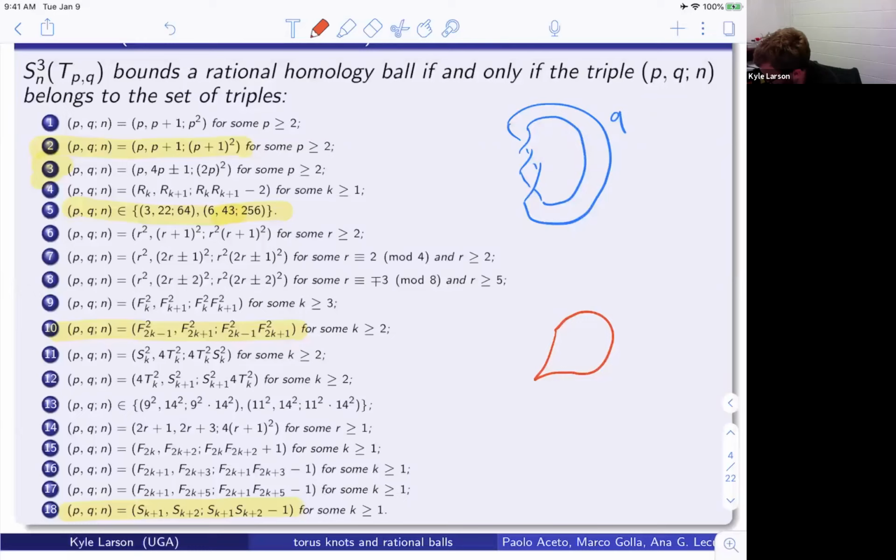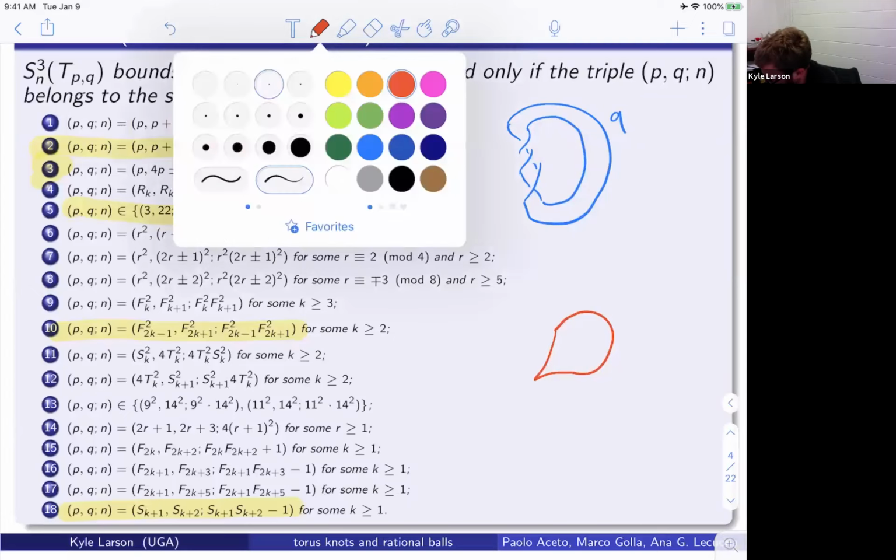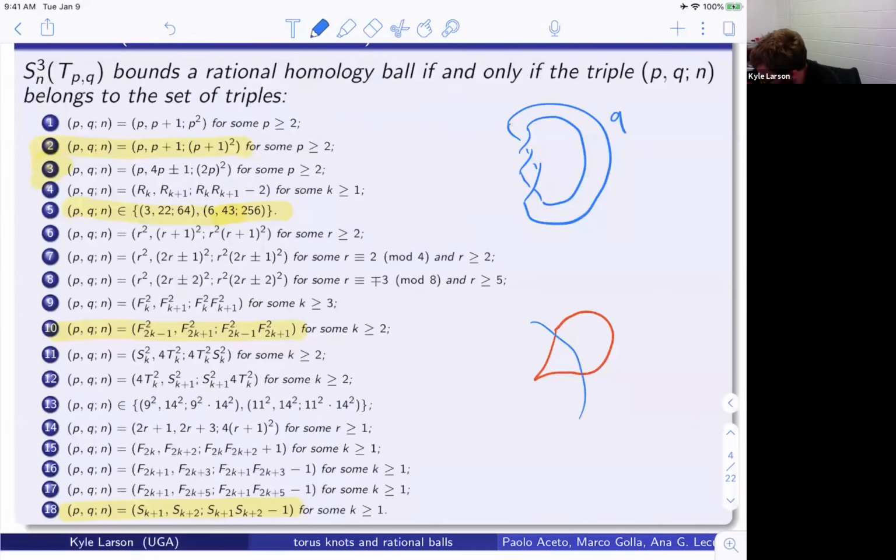I was in Budapest for a couple of years, so I should be able to draw this picture, but I'll probably fail. So anyway, this is your rational curve in CP2, and a neighborhood of the singularity. If you look here, you see the torus knot T(p,q).